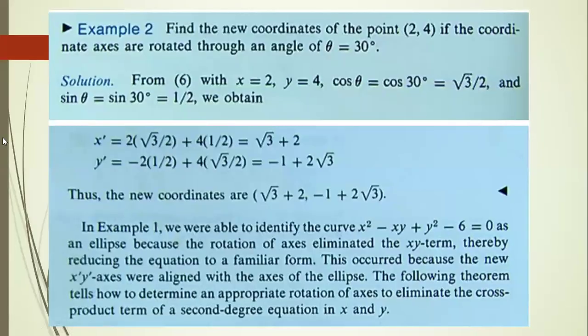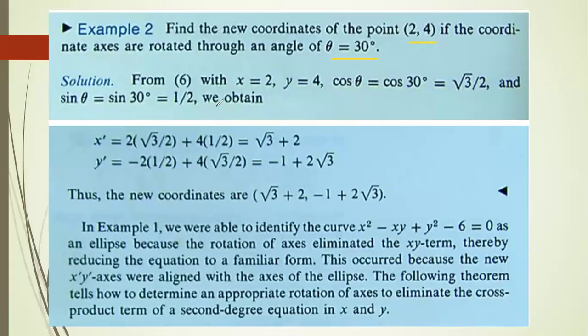Our next example. So in our next example, we have to find the new coordinates of the point 2, 3, rotated through an angle of theta equal to 30 degrees.